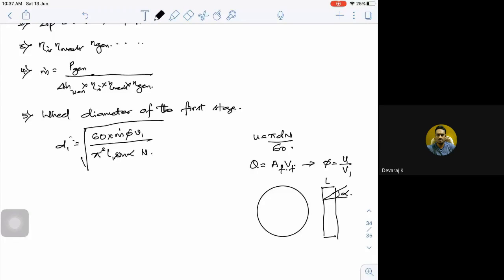Now, what will be the value of L1? L1 is your width.